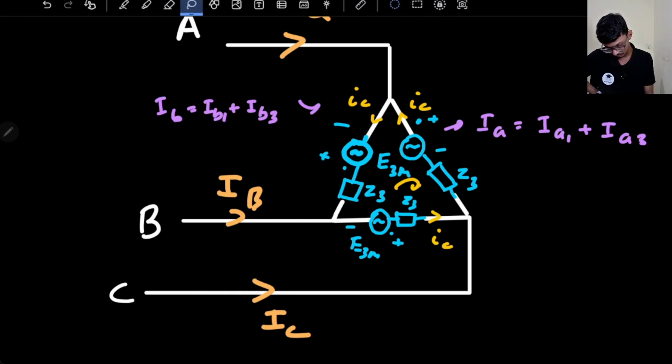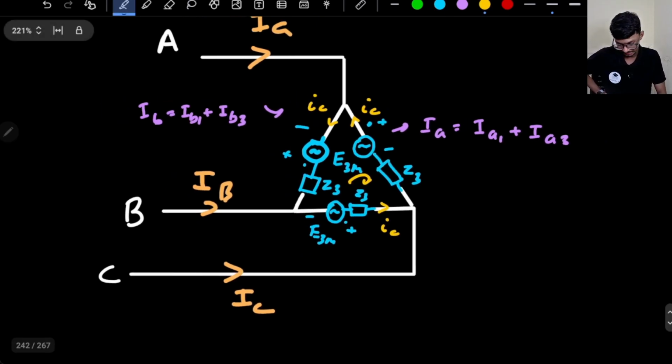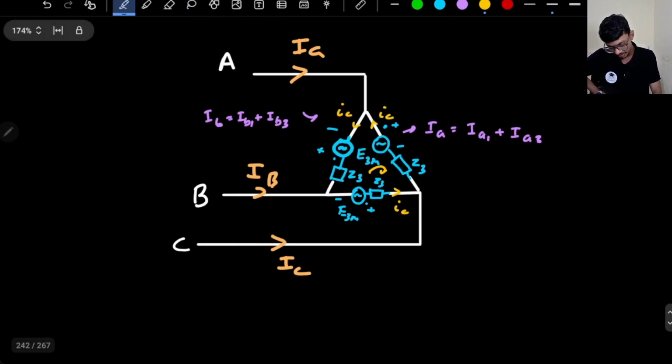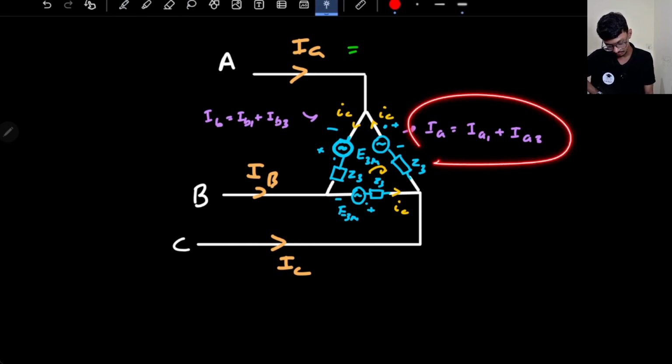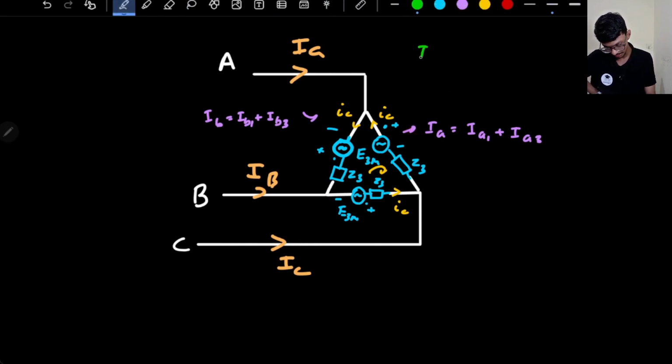Now, the interesting fact to note here is what will be the current IA? IA will be a subtraction of this current. If I write the KCL equation, let's assume this is line current only. Let me write this as IAL, else you will get confused.